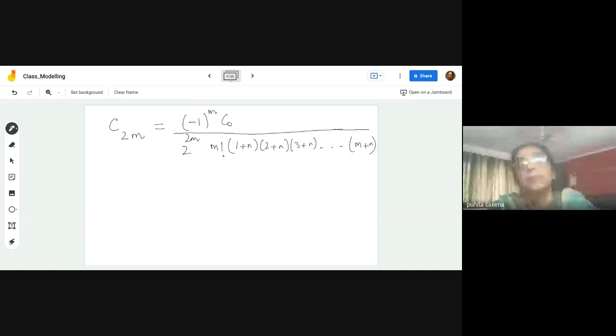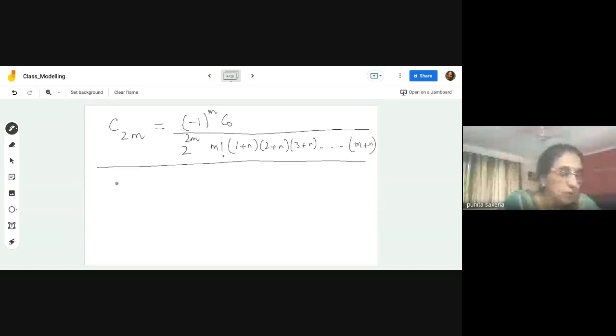Okay? So this becomes the recurrence relation in the case when r is equal to plus n. And basically, if you want your y1(x), now we'll take C naught common.